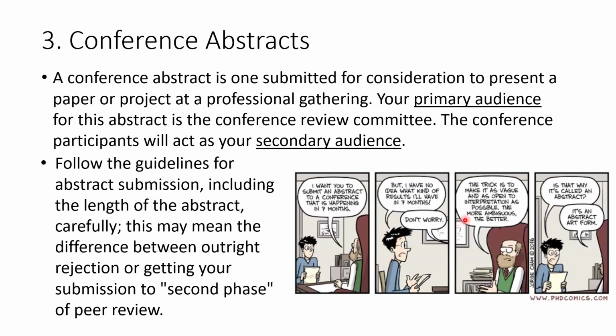And the student says, "Is that why it is called an abstract? It's an abstract art form." Abstract art is not something that is very clear to see, right? So there is a deep meaning here, even if the supervisors are trying to misguide; there is a pity, right?